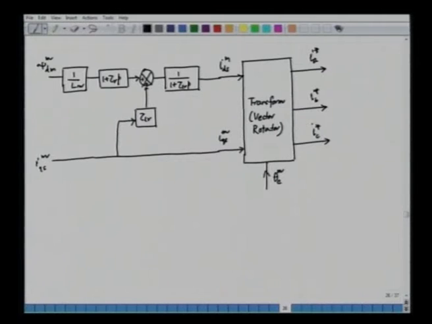So, we can add the slip speed, but first of all we have to evaluate what the slip speed is. The slip speed is evaluated in the following fashion. We have a block which will have this value 1 plus tau Lr p, and this is our IQS, and we have a divider block here.